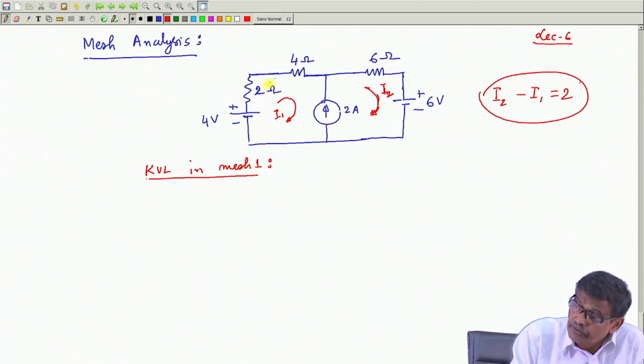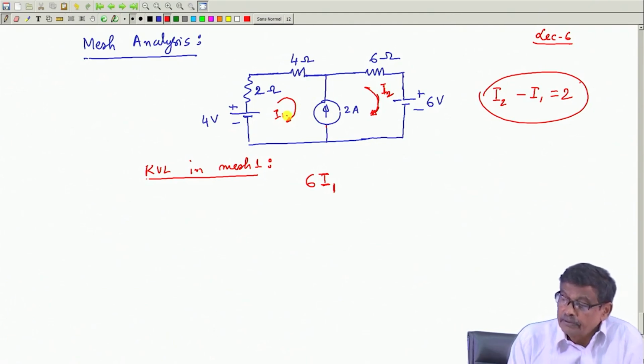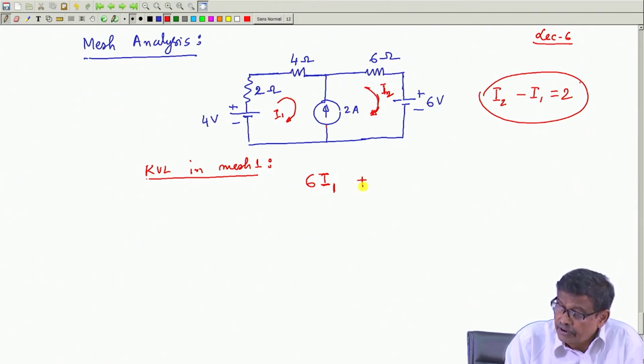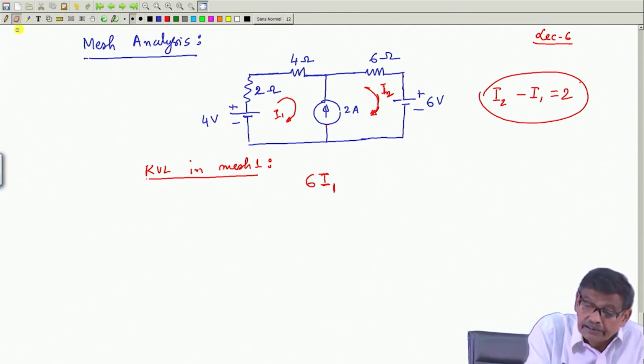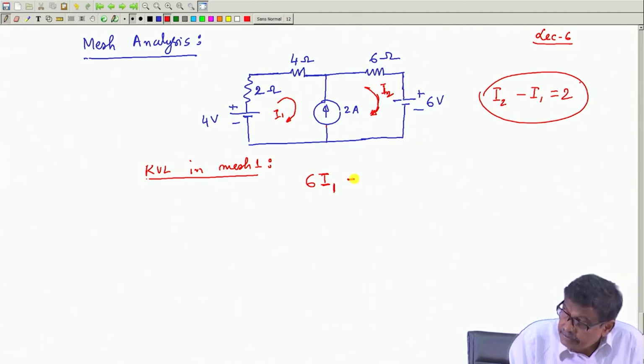So, the coefficient of I 1 will be 6 into I 1, is it not? Now, here comes the coefficient of I 2. There is no resistance here. So, it is expected the coefficient of I 2 will be 0, I mean minus 0 into I 2.